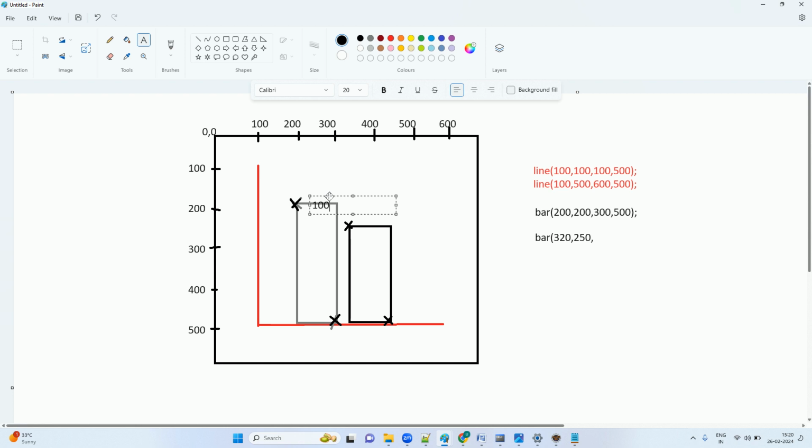What is the width of this bar? 100. So this also will be 100. So we start at 320, will end at 420, and the line which we have drawn is the same. So line, which is this line? 500. So what is the ending point? 420, 500. Got it?